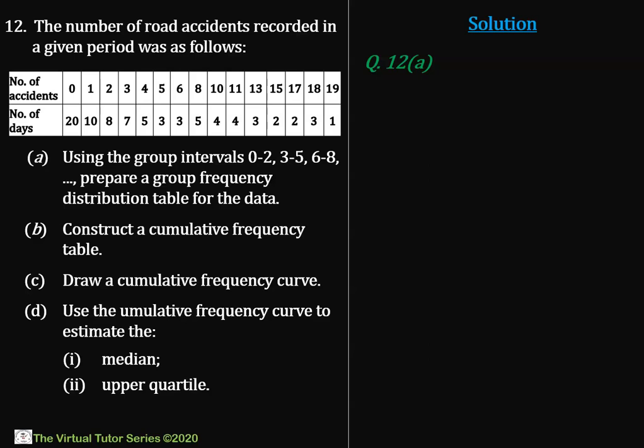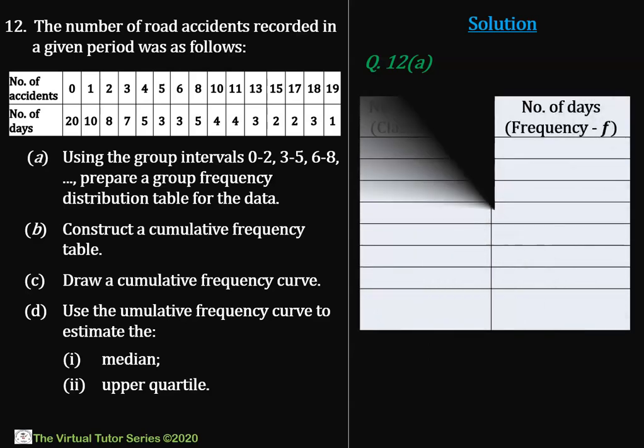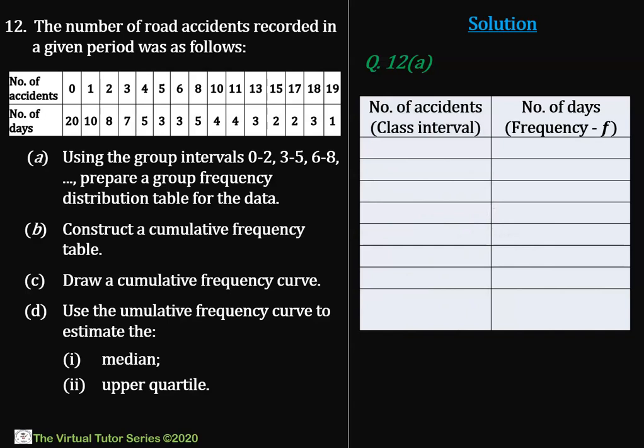For the frequency distribution table, we need one column for the number of accidents or class intervals, and another column for the number of days or frequency. So, for the interval 0 to 2, we have the corresponding number of days to be 38. That is 20 plus 10 plus 8.